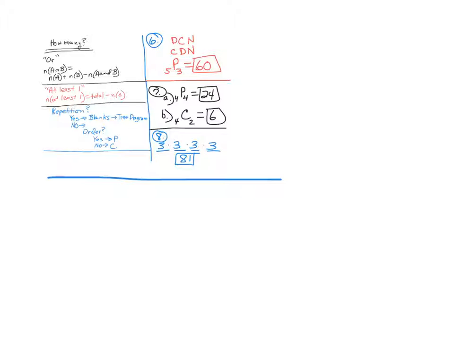So is this an or problem? Yes, it is. So apply the or formula. So why don't you guys write out the or formula, and then I'll catch up to you.